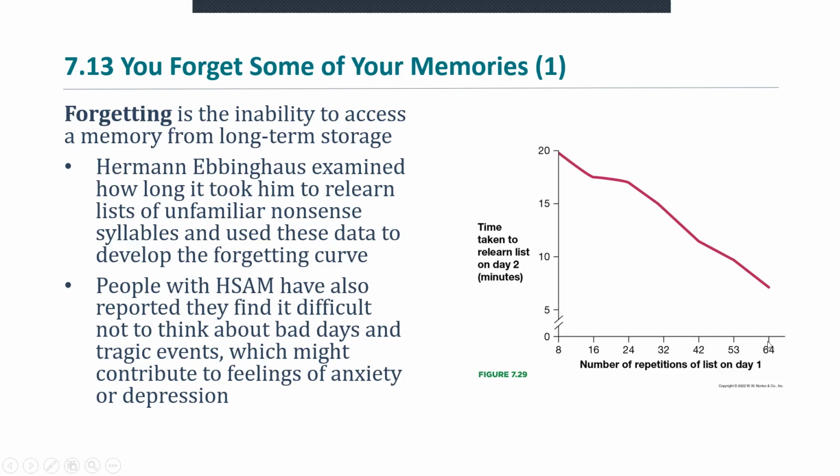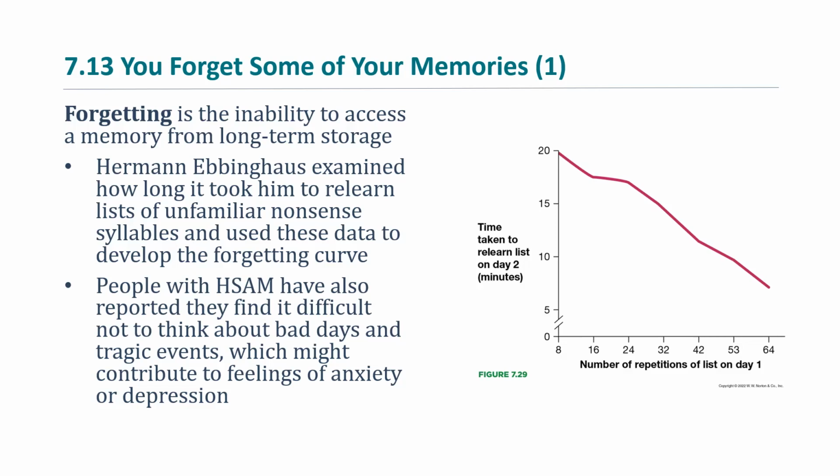But if he studied it 64 times, it would only take him about 7 minutes or so. So, lower on this graph means less forgetting. If you can relearn the list faster on the second day, that means that you've remembered more of it.